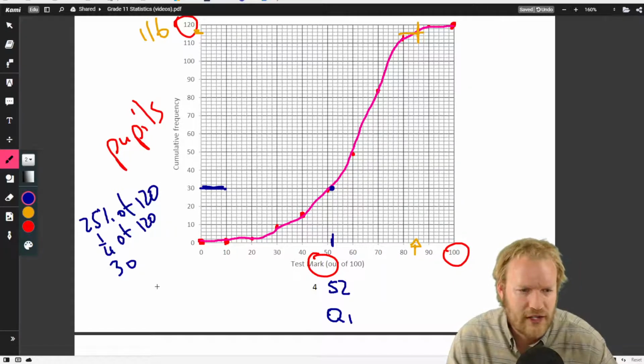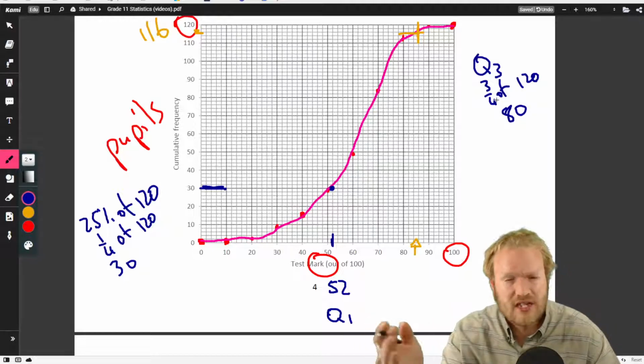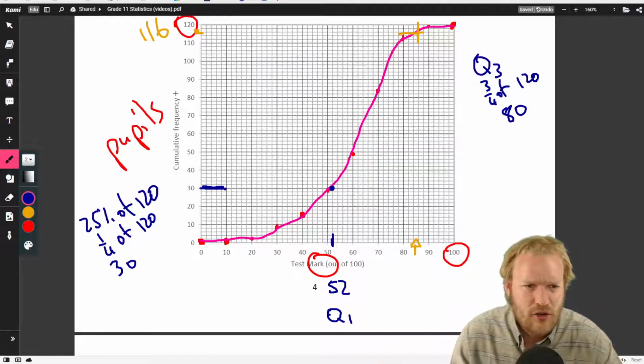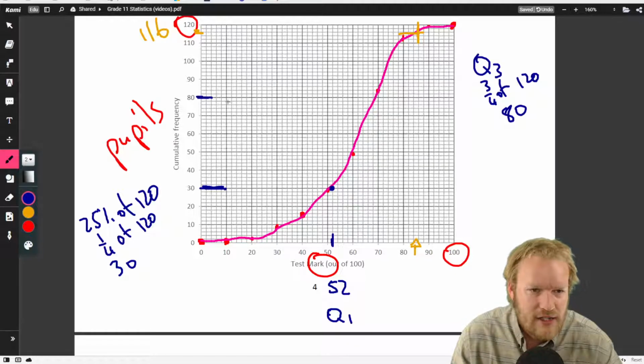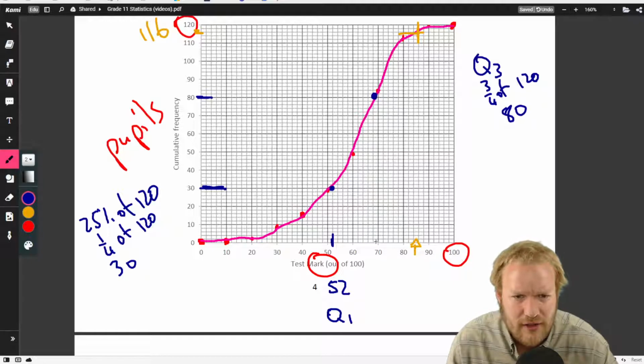Okay, what about Q3? Well, for Q3, we're 3 quarters into the data. So we're 3 quarters into 120 pupils. So we're at 80. Are we? 40, 80, 120. Oh, that makes sense. So now we look, what's happening across here at 80? Well, my one looks at about there.